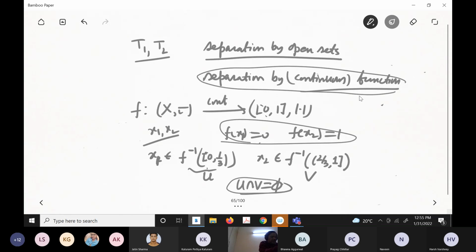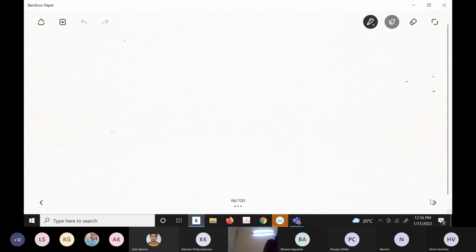So this is basically a stronger condition. Separation by continuous functions, the definition will be like this. Let (X, tau) be a topological space.